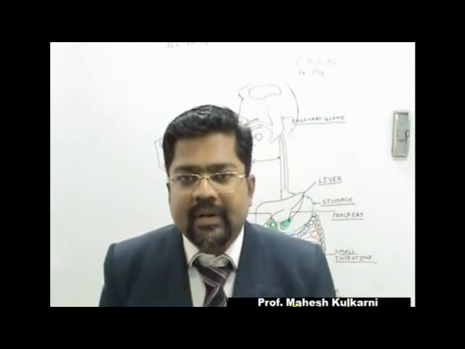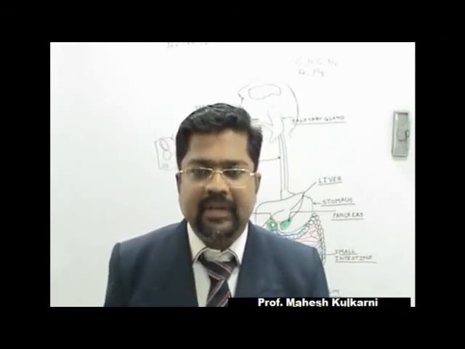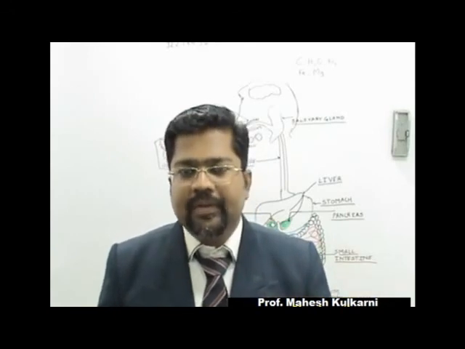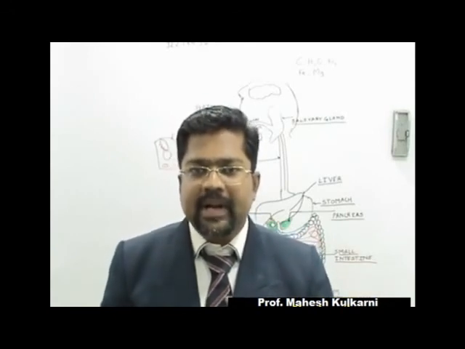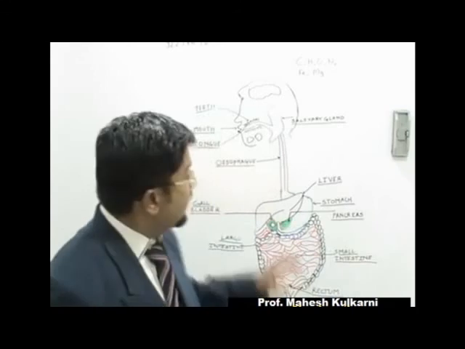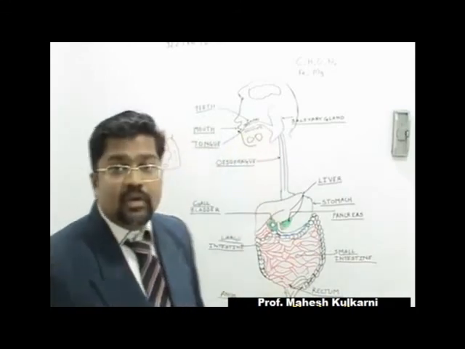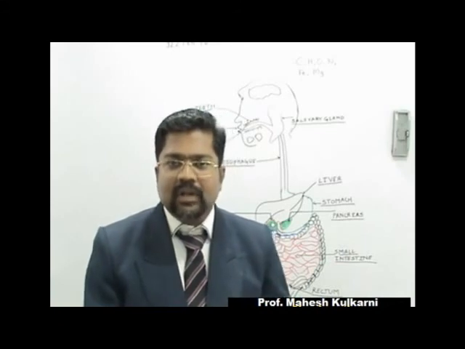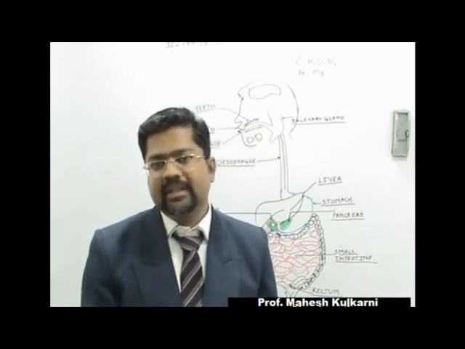Now we are discussing at a time. I don't want to separate first the digestive system and then the rest. No, we want to discuss each and every point at a time, so we are discussing here the nature of the salivary glands first and what enzymes are secreted by these glands.